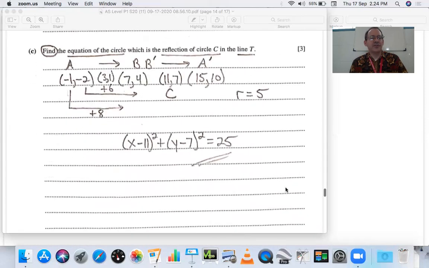Moving on to part C, find the equation of the circle, which is the reflection of circle C in the line T. Now this one might be a little difficult for some of you, especially since this is new material and it's actually combining two concepts of new material.